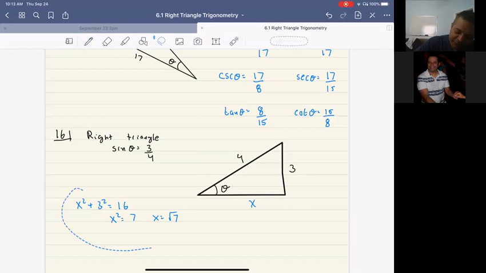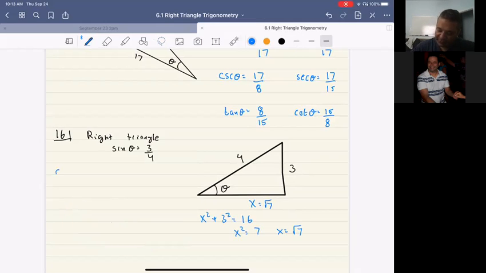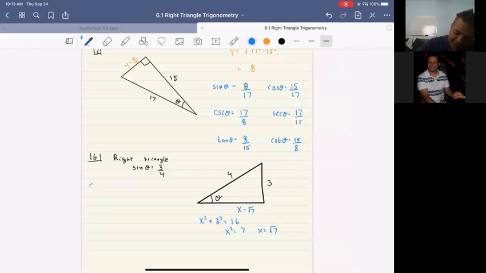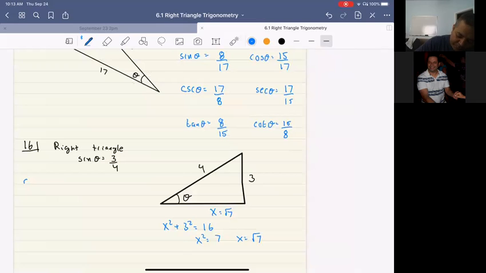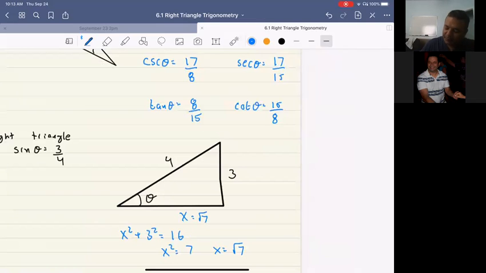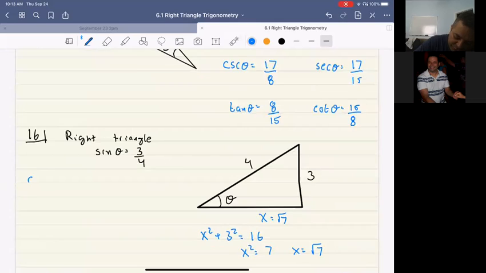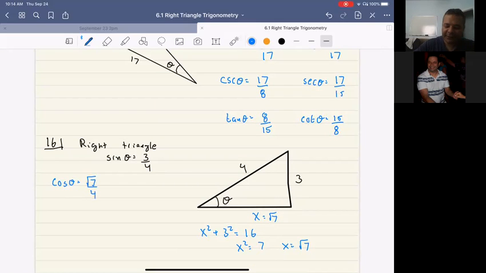Sorry about that. Where was I? Cosine theta is root 7 over 4, adjacent over the hypotenuse.